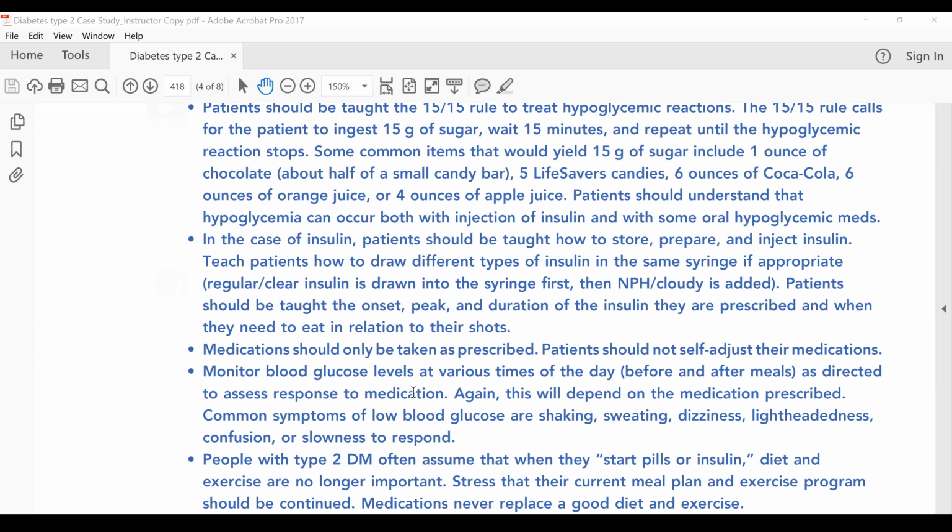Absolutely. So not to take it upon themselves to say, I'm going to take 1 or 2 extra units. It's not that much, and it may be the one thing that puts them in hypoglycemia. So that's like you giving yourself 2 units of insulin right now.